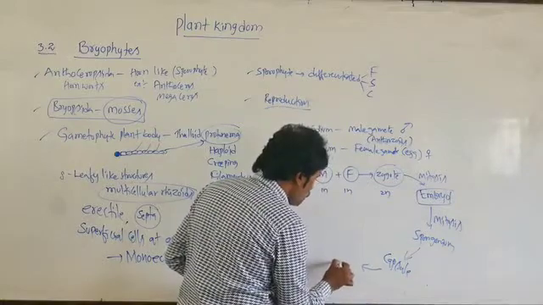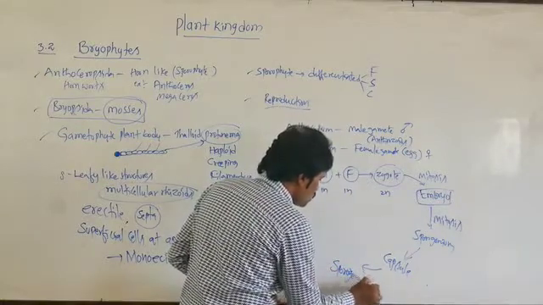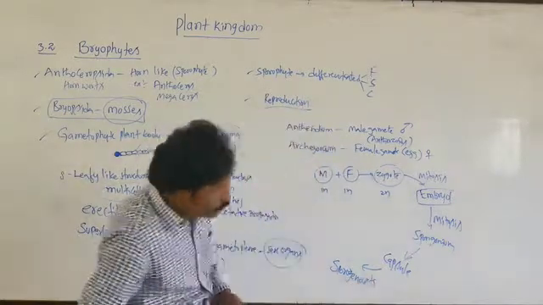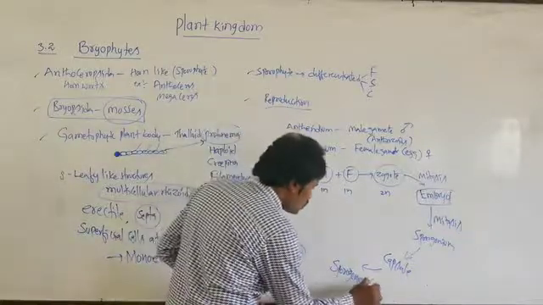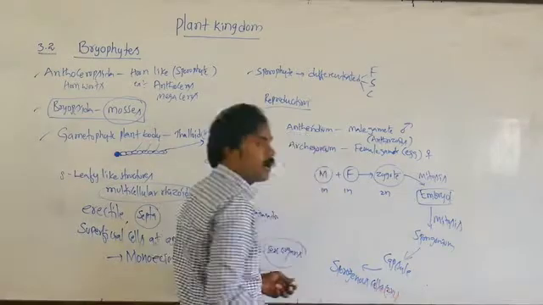Inside the capsule are the sporogenous tissue or sporogenous cells, which are normally diploid.